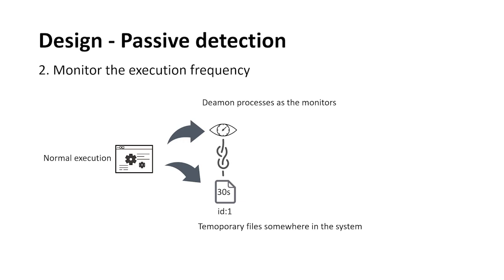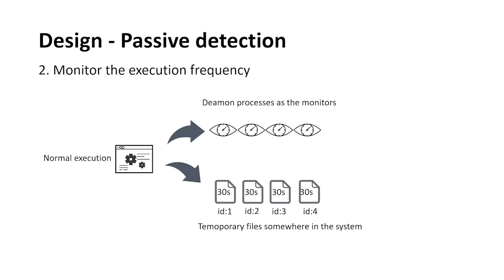And if the program is rerun within the time period, it creates another file and another daemon process. Suppose in this example, it has been run 4 times in 30 seconds. So it will in total create 4 temporary files and 4 daemon processes.